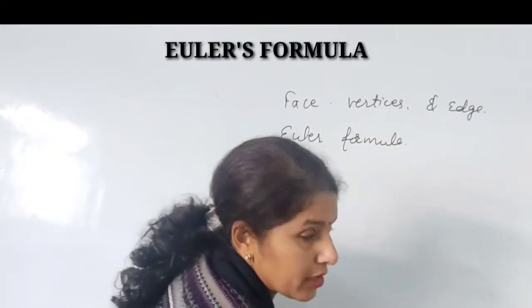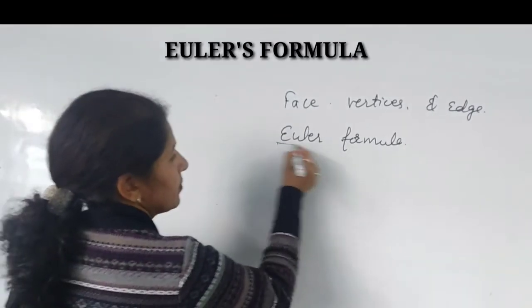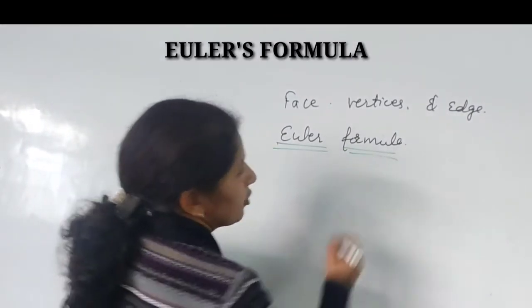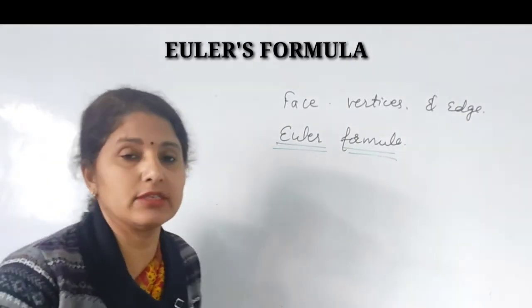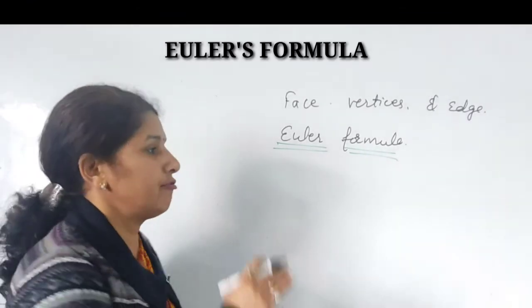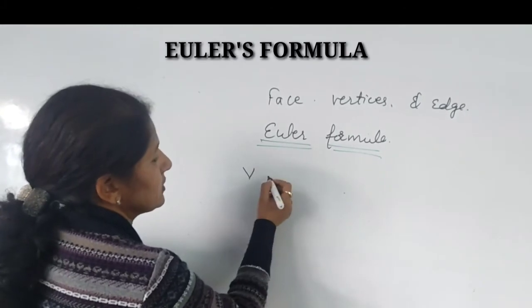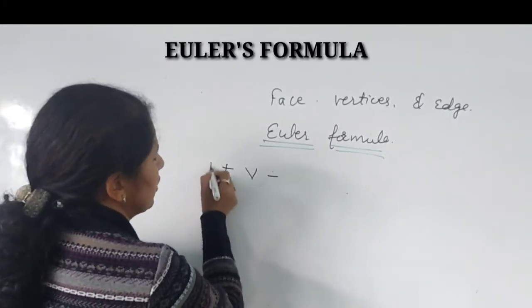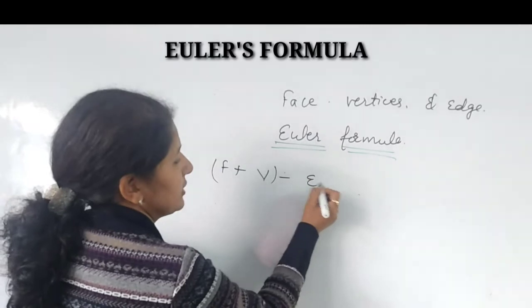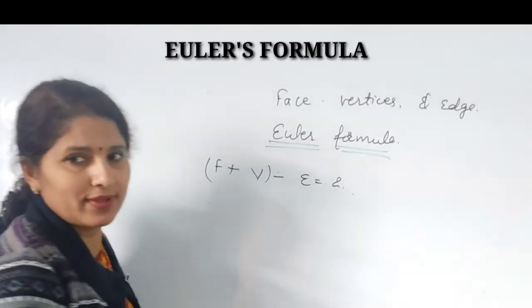This is a very important formula which tells us about the relationship between faces, vertices and edges, and the formula is faces plus vertices minus edges is equal to 2.